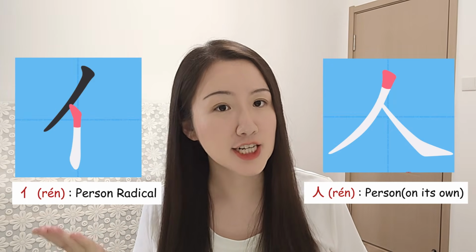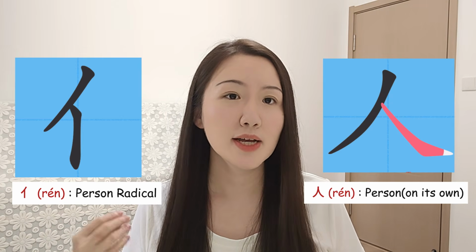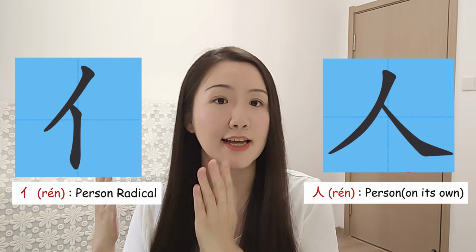Now let's see number 5. 人, person radical. When 人 is on its own, it looks very balanced. When it's a radical, sometimes it gets squished to the left side, like this. This one is a stick figure, literally. If you see this radical, think this has something to do with people being people.